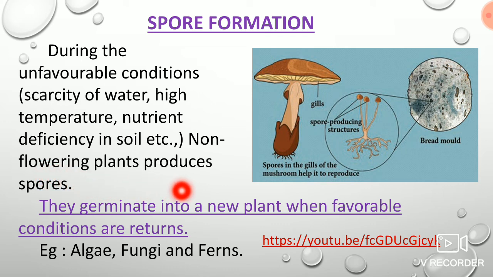They germinate into a new plant when favorable conditions return. For example, algae, fungi and ferns. These are the types of asexual reproduction.